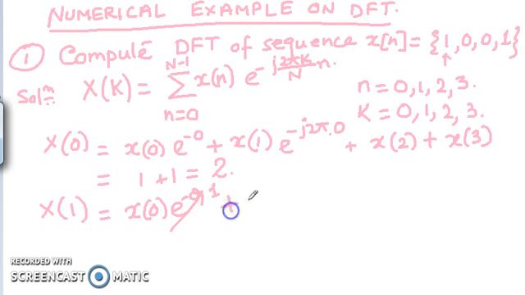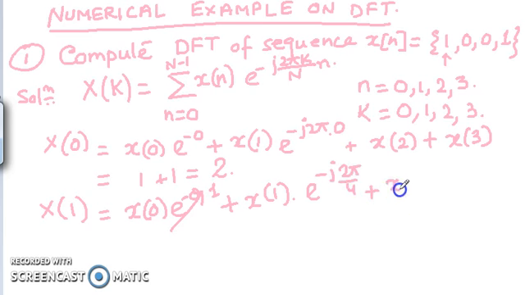Next, for x1, k is 1 as well as n is 1, so it will be e to the power minus j 2 pi, and what is N? N is nothing but 4, so it will be 2 pi by 4.